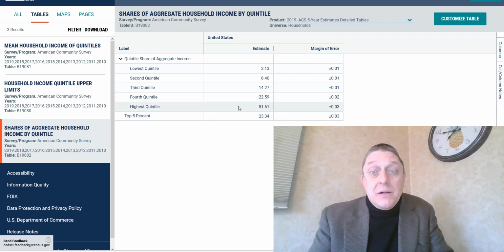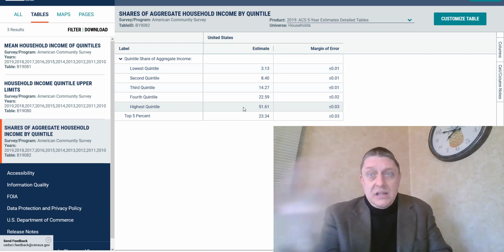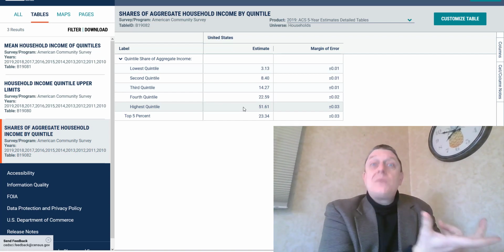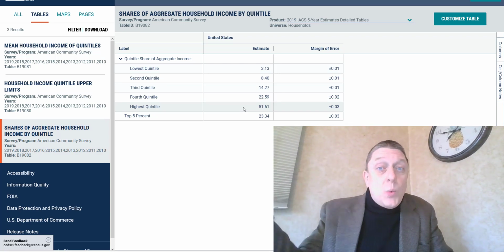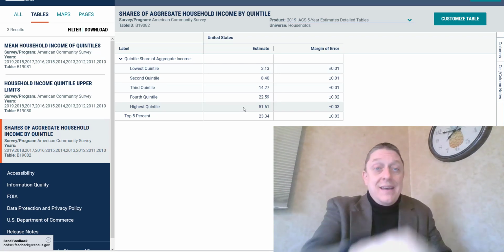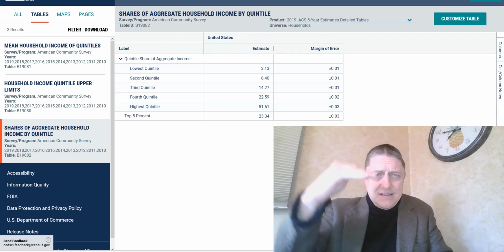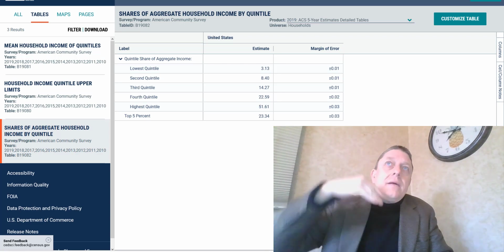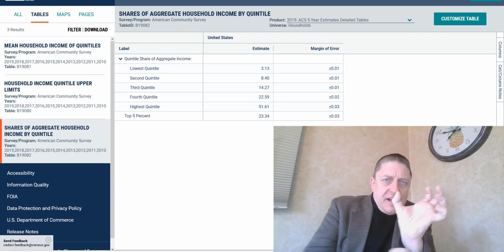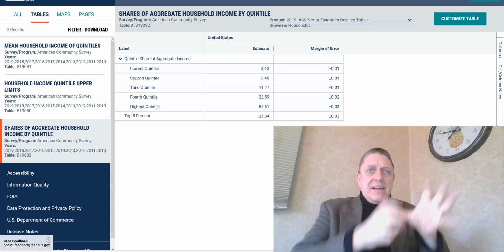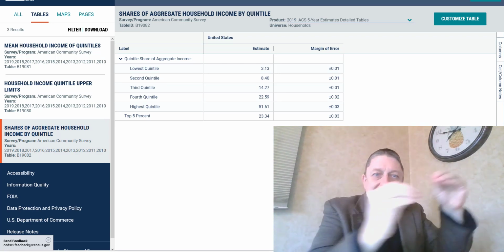The highest quintile, which is the top 20% of people, if this was a thoroughly equal world, that top 20% would have 20% of the income. Instead, they have 51.61% over the last 5 years, a little bit more than 2 times as much. So what that top 5% pullout is telling you is that income inequality becomes especially disproportionate at the top of that highest quintile.